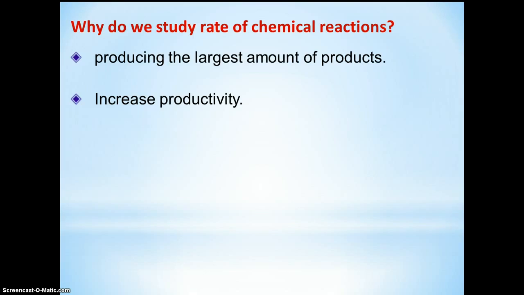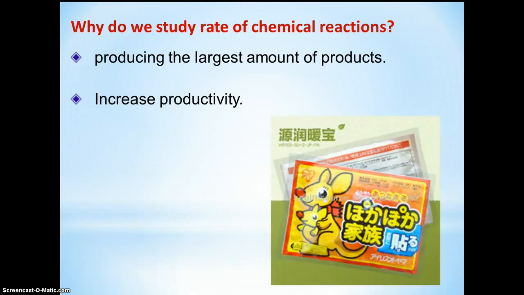One example typically used to illustrate the study of the rate of reaction is a warm pack. Inside a warm pack used in the winter time, there is actually a lot of iron. We use iron powder together with some wood powder, some sodium chloride solids, and some activated carbon.